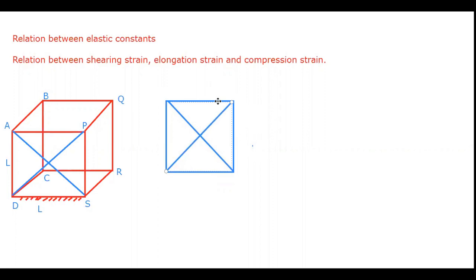When a deforming force is applied on the upper face of the cube along AP, it causes a relative displacement at different parts of the cube, so that A moves to A dash and P moves to P dash.